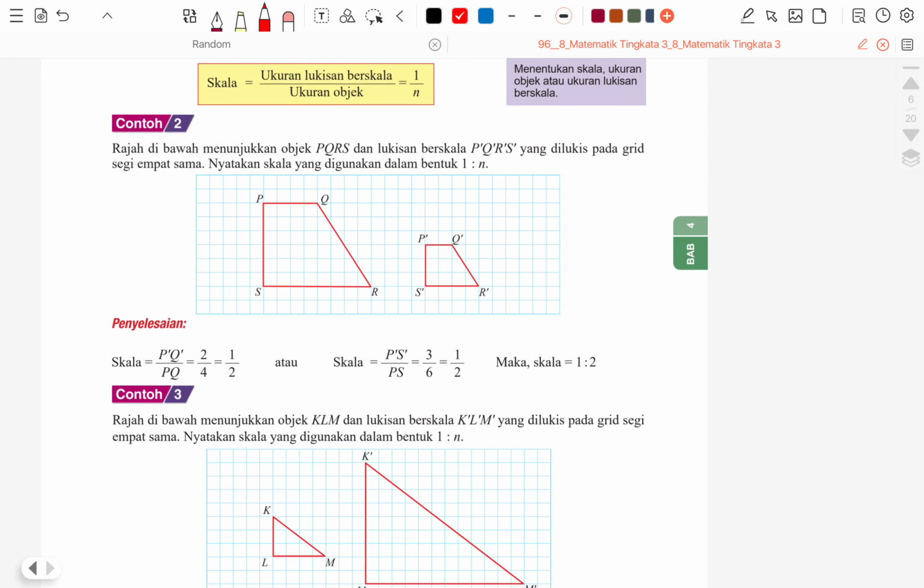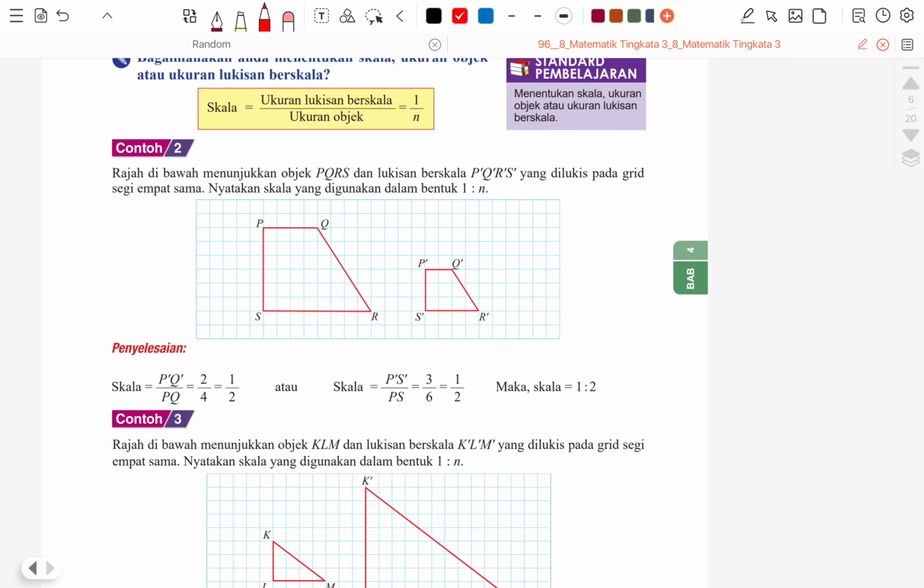So we look at contoh 2. Rajah di bawah menunjukkan objek PQRS. Skala digunakan 1:n. So this one is the lukisan berskala, and this is the objek PQRS. You're just going to take one of the dimensions. You can take PQ, and P prime and Q prime.